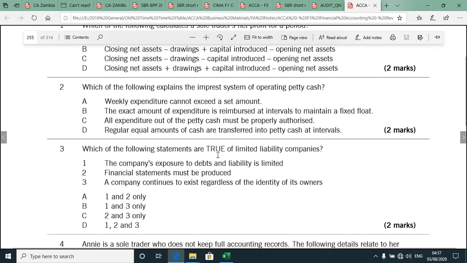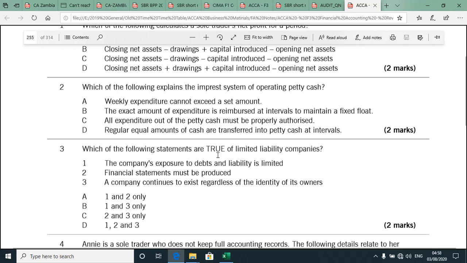And then C says all expenditure out of the petty cash must be properly authorized. We need something that is connected to float management. And then D says regular equal amounts of cash are transferred into petty cash at intervals.